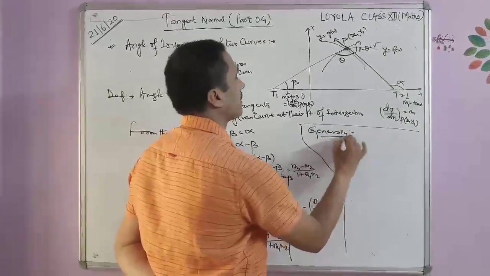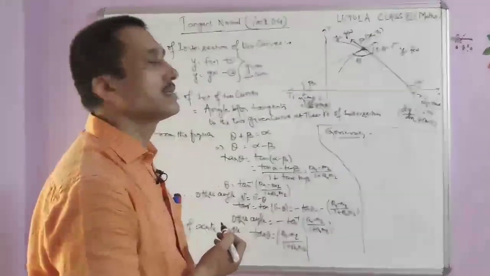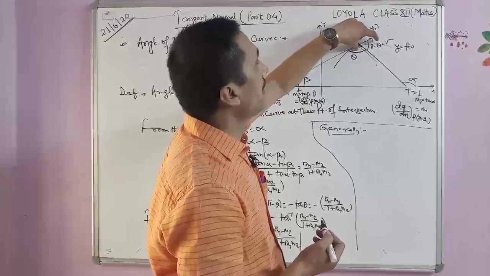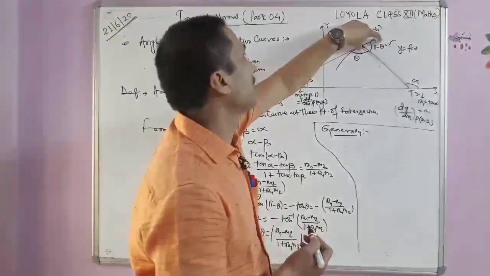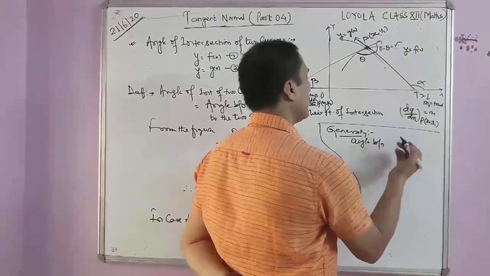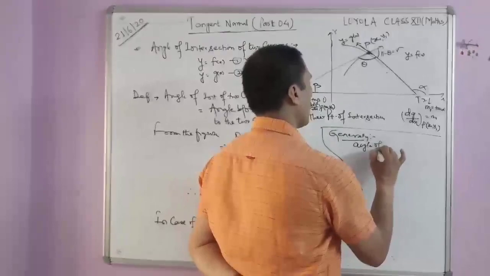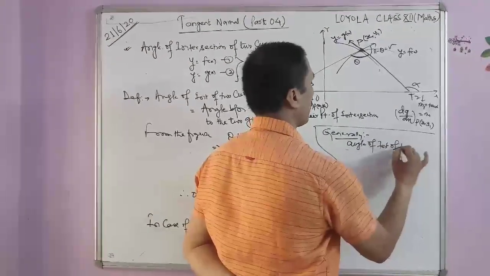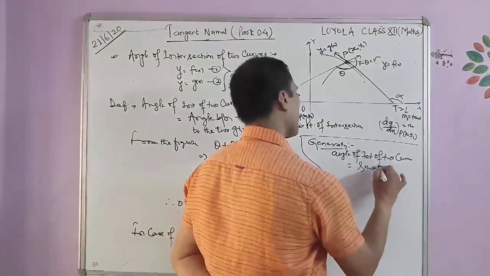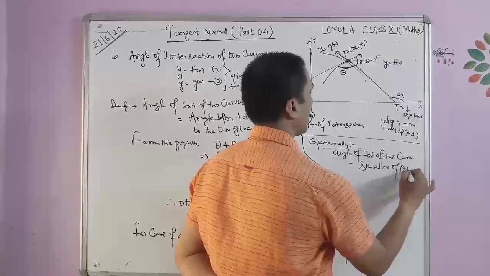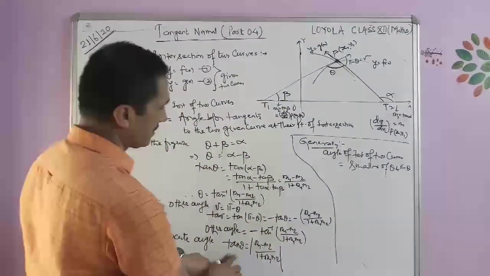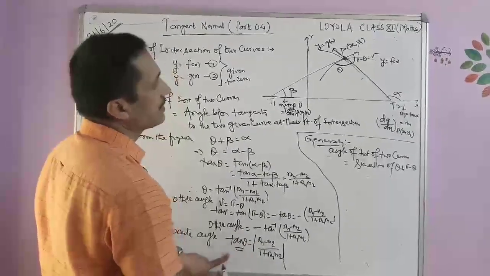Generally, if the angle between two curves is required, then we take the smaller of theta and pi minus theta, that is the acute angle. The angle between, or angle of intersection of, two curves equals the smaller of theta and pi minus theta. Generally, for angle of intersection we take the acute angle between the tangents.